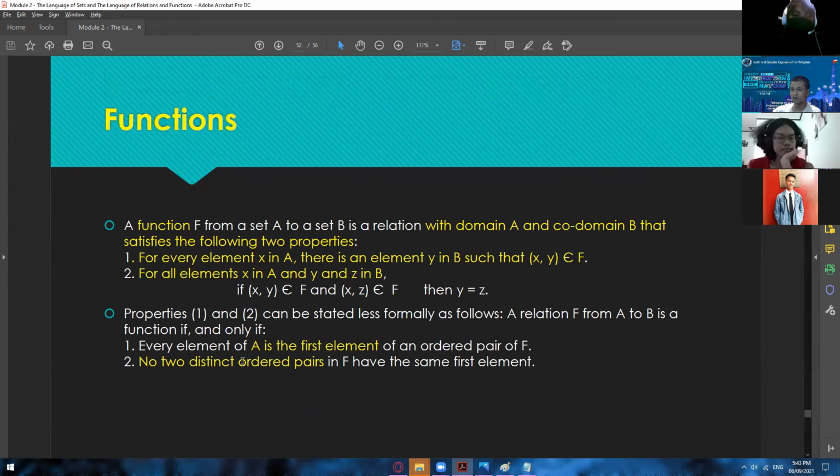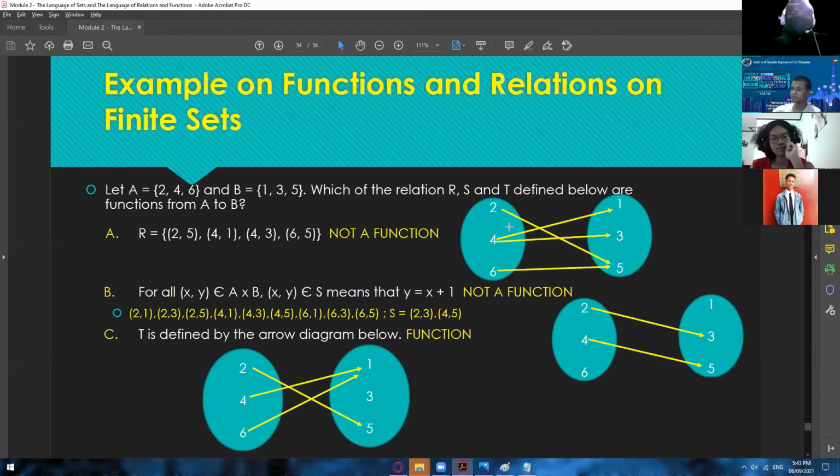But on the second one, it says no two distinct ordered pairs in f, meaning we must only have one ordered pair for each element, wherein we have two distinct pairs for 4, which are (4, 1) and (4, 3). So this is not a function since we have two ordered pairs, or two relations, for 4.